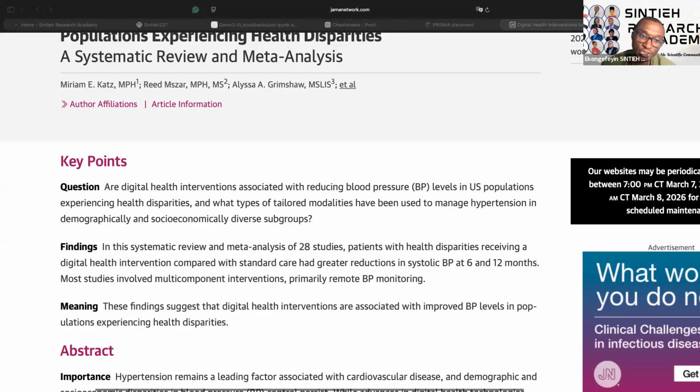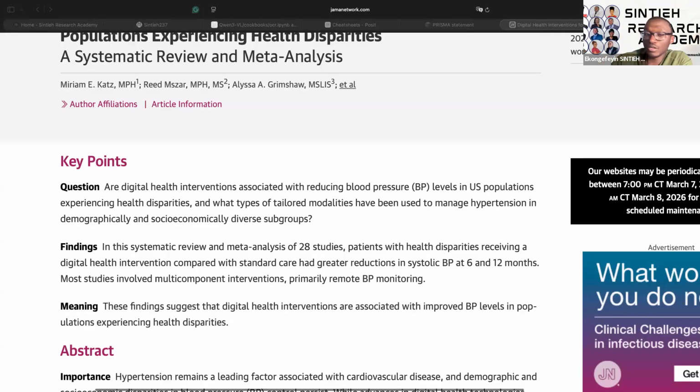Good. And the intervention is digital health tools, mainly remote blood pressure monitoring. So yes, the outcome of interest is blood pressure.